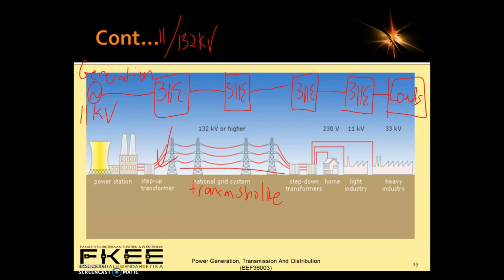Okay, and then we have here the pencawang masuk utama or the transmission main intake. Normally here is 132 to 33 kilovolt.